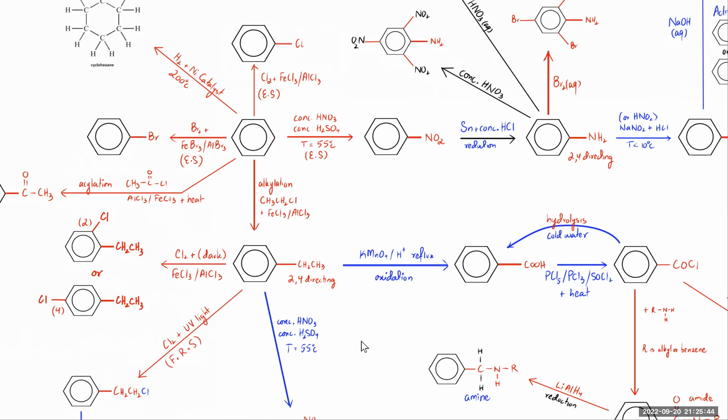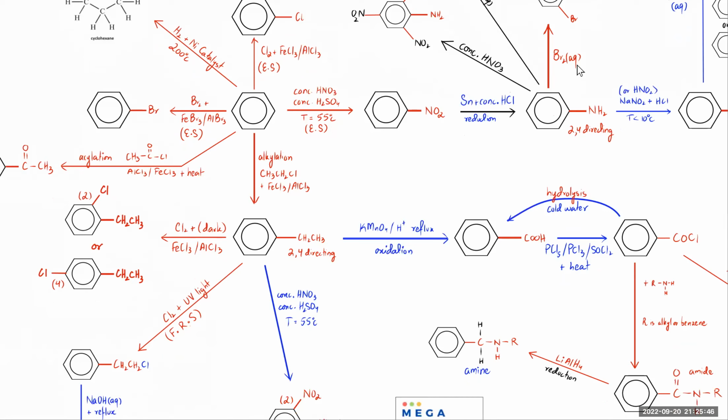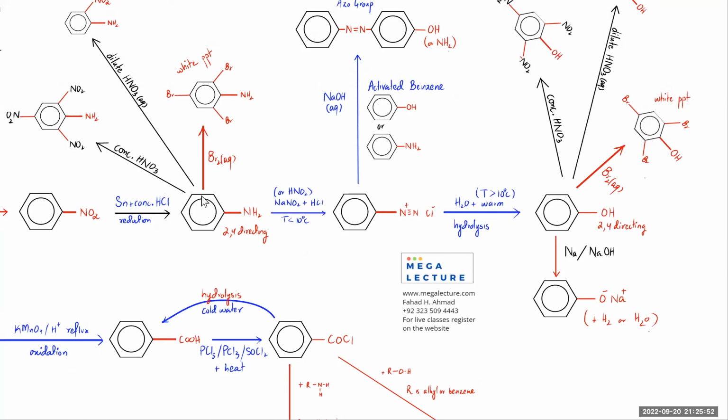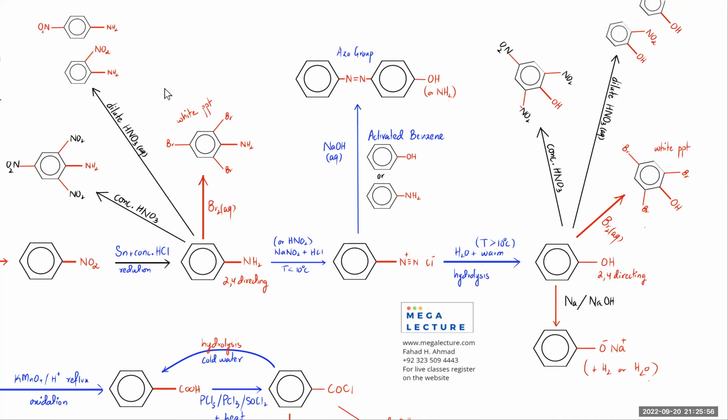If you look at the spider chart for A2, it's this one. So remember, you're at this point, right? He wants this to be converted into a phenol. What will happen is that you can react it with NaNO2 plus HCl, and it will form a diazonium ion.